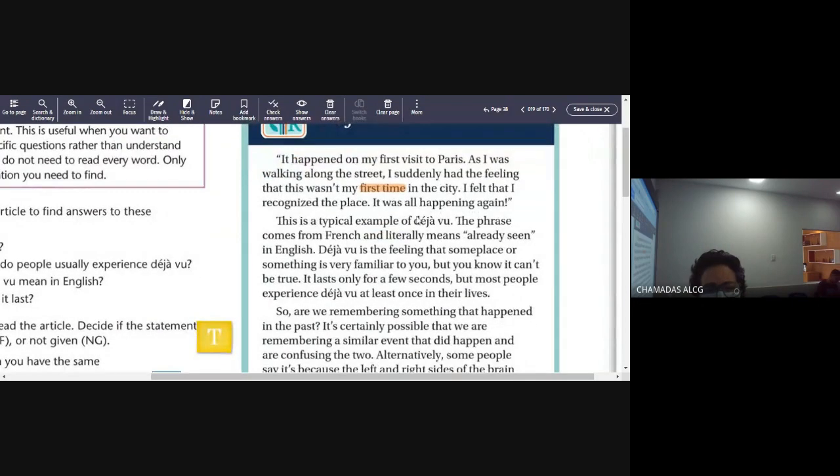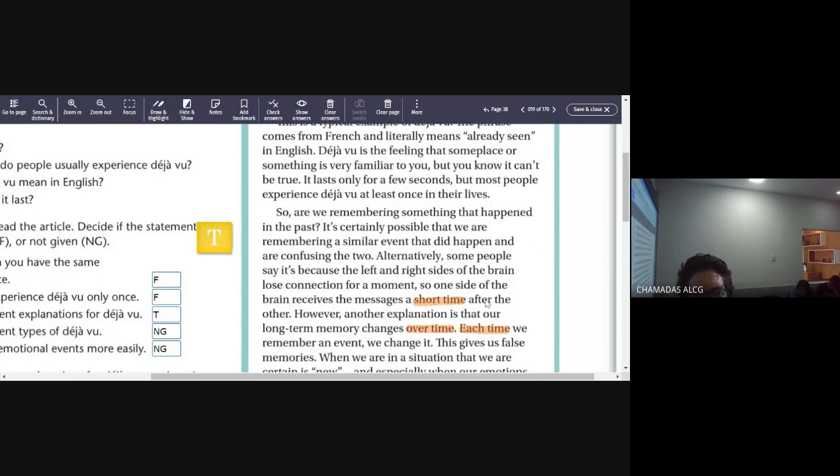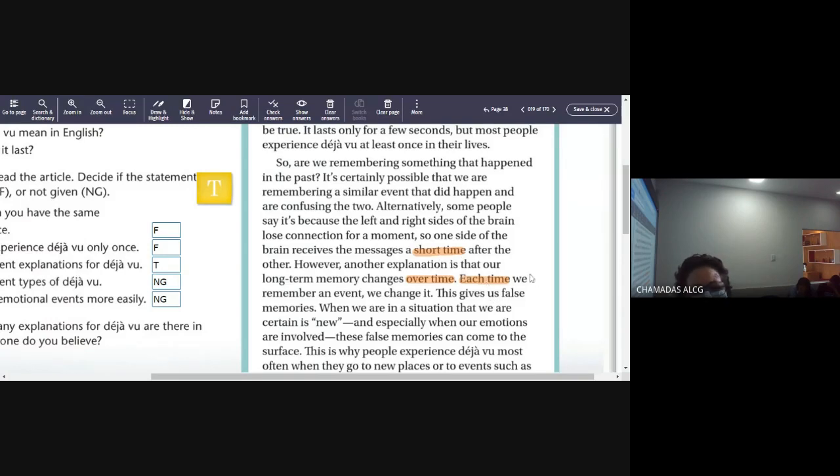I think here I highlighted one already. Yes. You see that? First time. Okay. Let's see if we have any other. Let's take a look. Oh yeah, here they are.